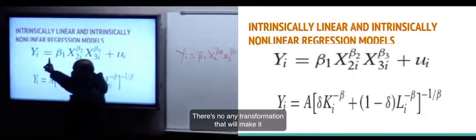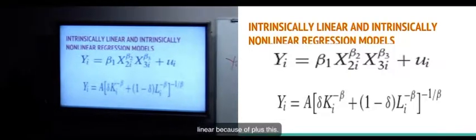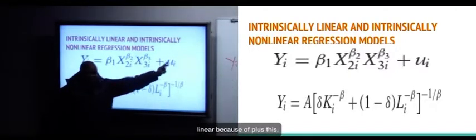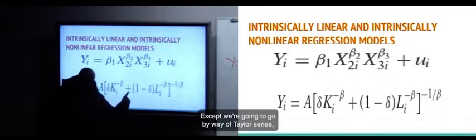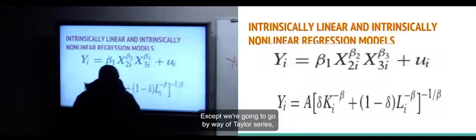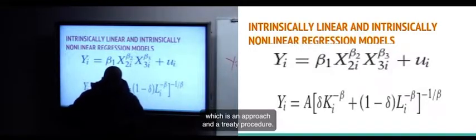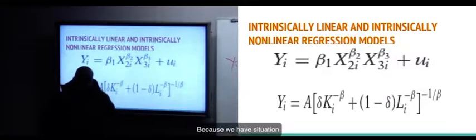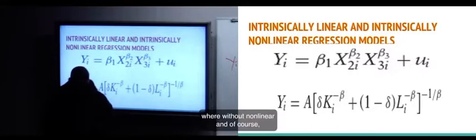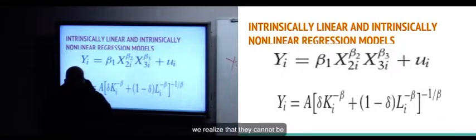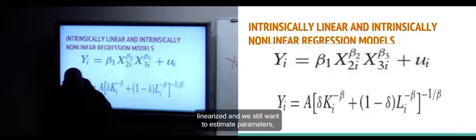There's no transformation that will make it linear because of the plus term. Except we go by way of Taylor series, which is an iterative approach. Where we have non-linear models that cannot be linearized and we still want to estimate parameters, we go by way of approximation, and that is where the Taylor series comes in.